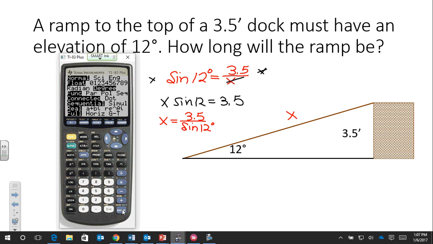So once we are in degrees, we take 3.5 and divide it by the sine of 12 degrees. And we get 16.8 feet. Is that a reasonable amount of feet for our ramp? Yes.